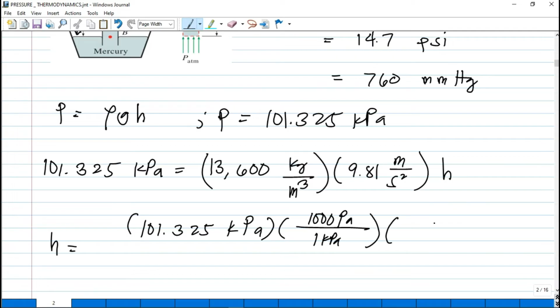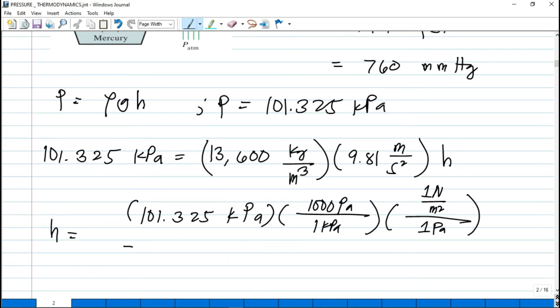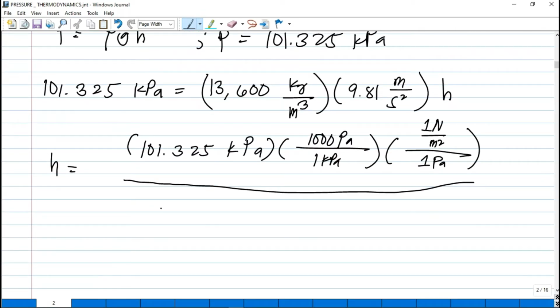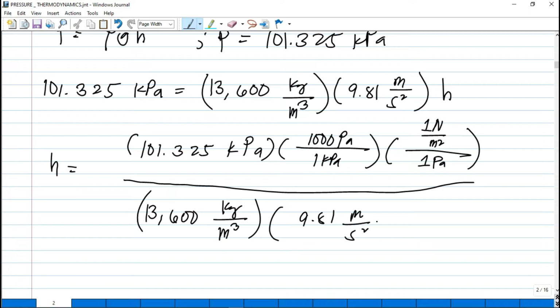Then we convert the Pascal to Newton per square meter, so 1 Newton per square meter is 1 Pascal. Divided by 13,600 kilograms per cubic meter times 9.81 meters per second squared. So this will cancel out.